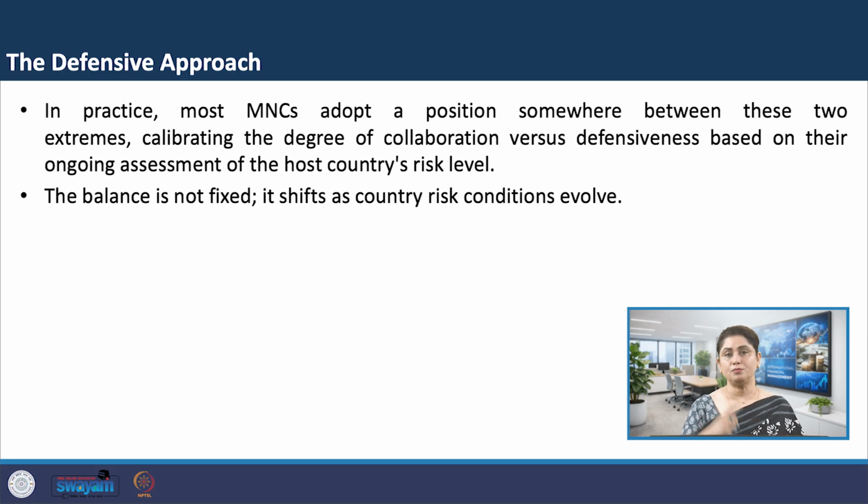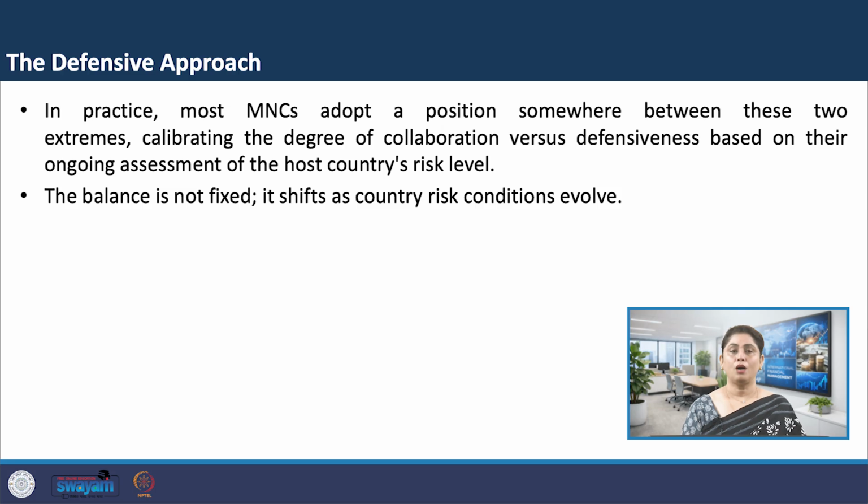It is most important to note that the defensive approach is not the default strategy for most MNCs in most environments. It is a strategy calibrated to genuinely high risk situations where trust in the host government is low.